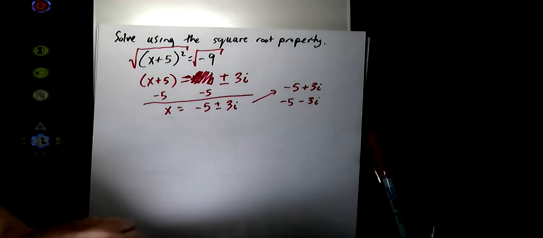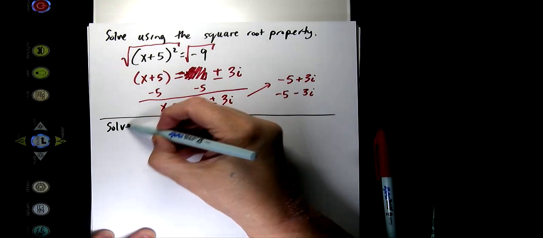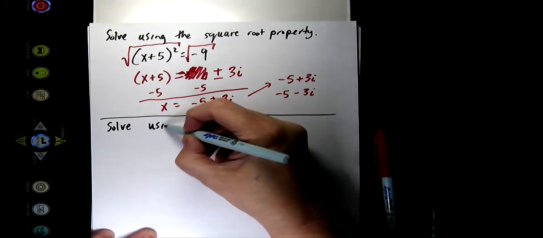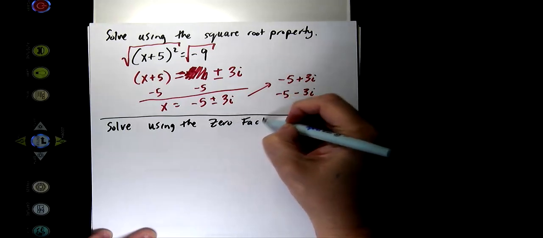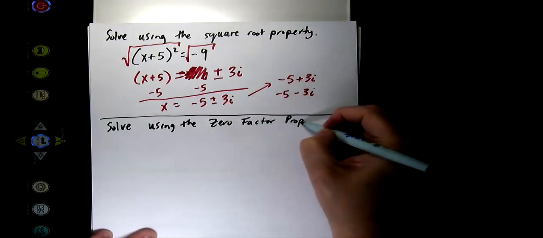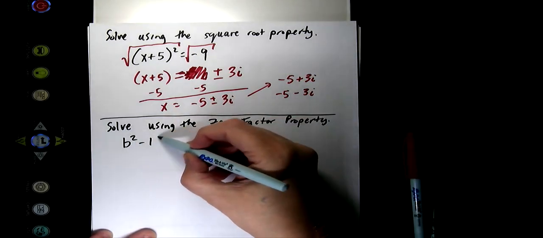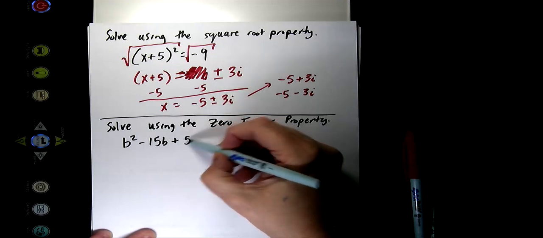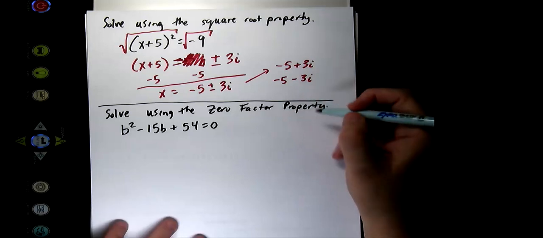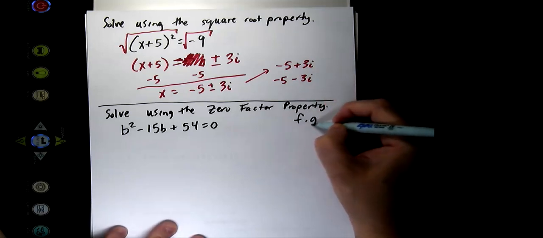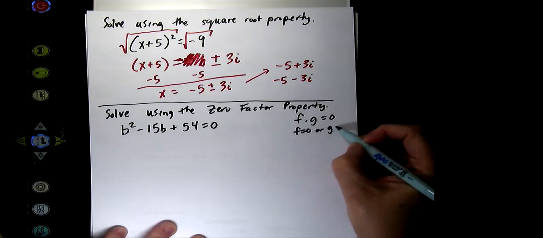Alright, next one says solve using the zero factor property. The zero factor property says if we got f times g equals 0, then either f equals 0 or g equals 0.